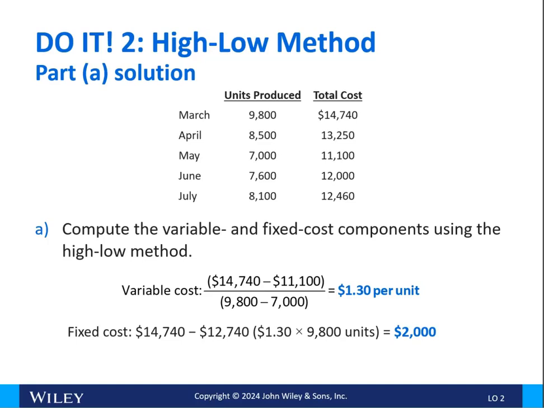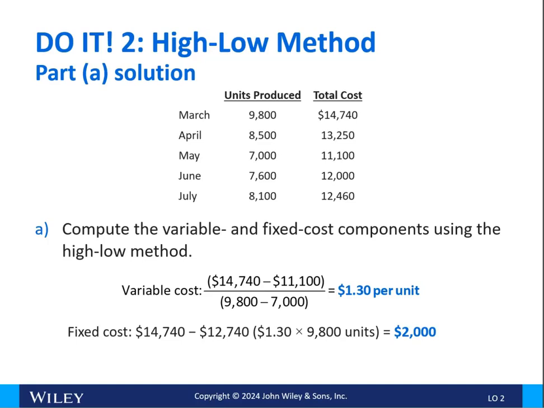Our fixed cost then is the difference between our total costs. We're going to use the high month, in this case 14,740, minus our variable cost, which is the $1.30 we just calculated, times the number of units produced that month, so 9,800, which gives us 12,740.